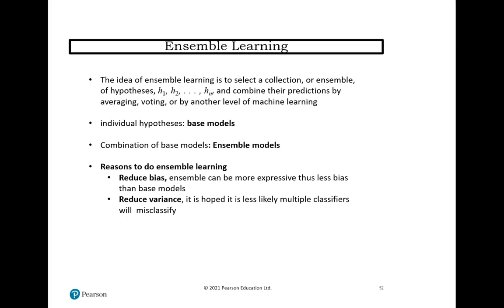And also to reduce variance. So it is hoped that it is less likely that multiple classifiers will misclassify. So we're hoping that by doing ensemble, we're not going to overfit one single model to the data. So let's see how this approach works.